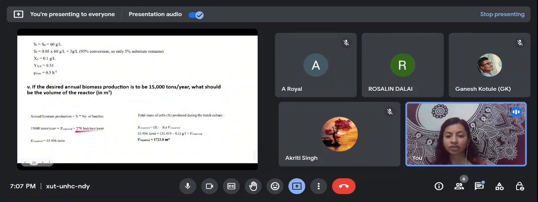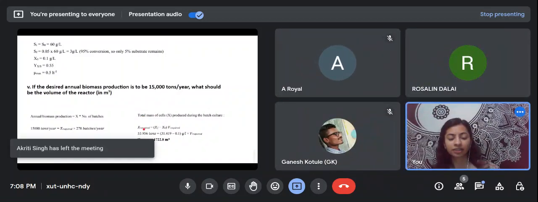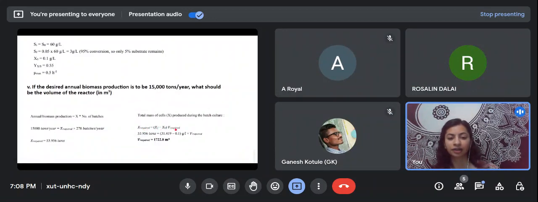Once you plug in the values, and since X is the unknown, you will get X required equal to 53.96 tons. Now that you've gotten that, you have to calculate the total mass of cells produced during the batch culture. X required is equal to X final minus X naught, times the volume required.